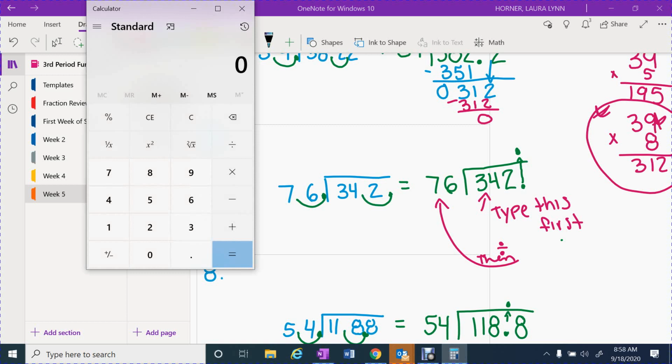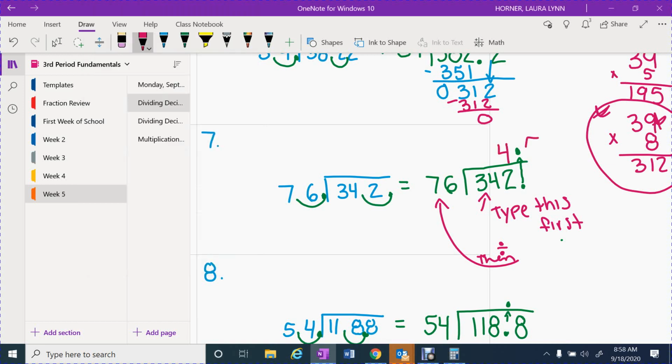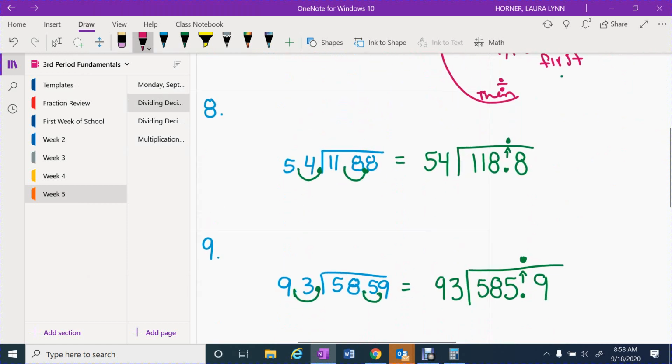So I'm going to type my inside number first, which is 342. Then I'm going to click the division symbol, divide by the number on the outside, 76. What does that give us according to our calculator? It gives us the number 4.5. And then you can call it a day on that.